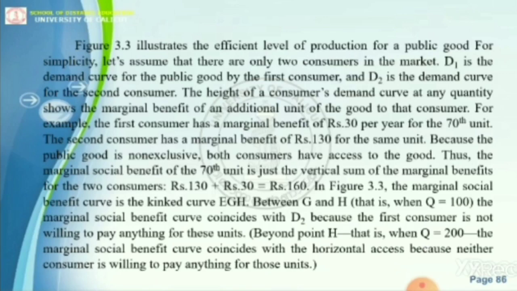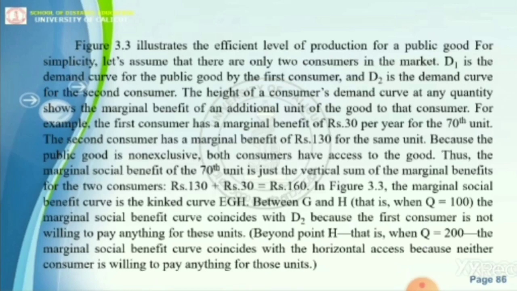For example, the first consumer has a marginal benefit of ₹30 per year for the 70th unit. The second consumer has a marginal benefit of ₹130 for the same unit. Because the public good is non-excludable, both consumers have access to the good. Thus, the marginal social benefit of the 70th unit is just the vertical sum of the marginal benefits of the two consumers. That is ₹130 plus ₹30, which is equal to 160.